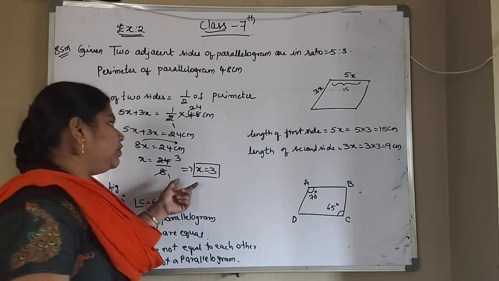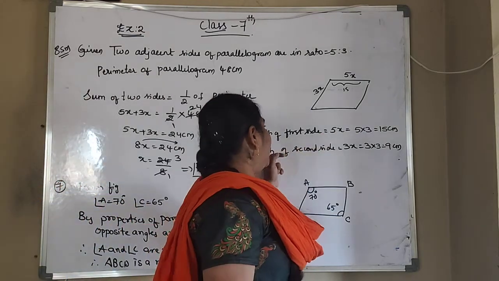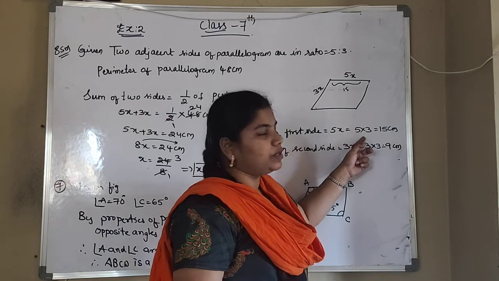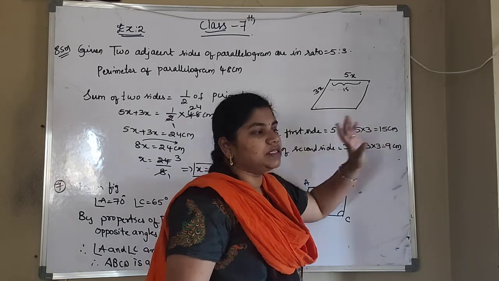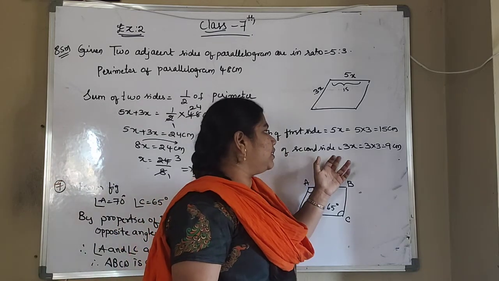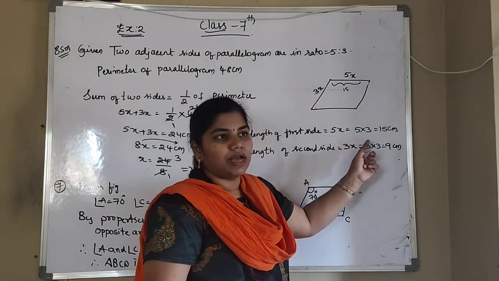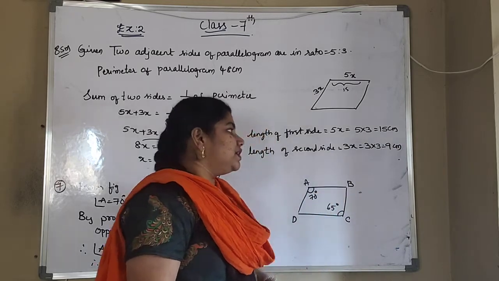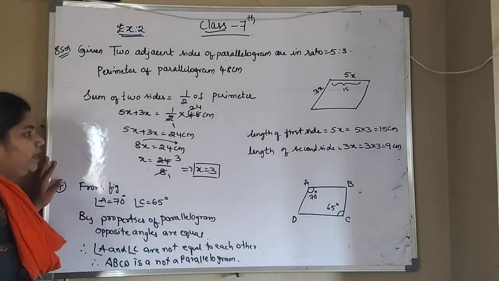Now substitute this 3 for x. Length of the first side is 5x. 5 is a constant value, x is equal to 3. So 5 threes are 15 centimeters. In the same way, the length of the second side is 3x. 3 is a constant value, x value is 3. So 3 into 3 is equal to 9 centimeters. So this is our 8th solution.